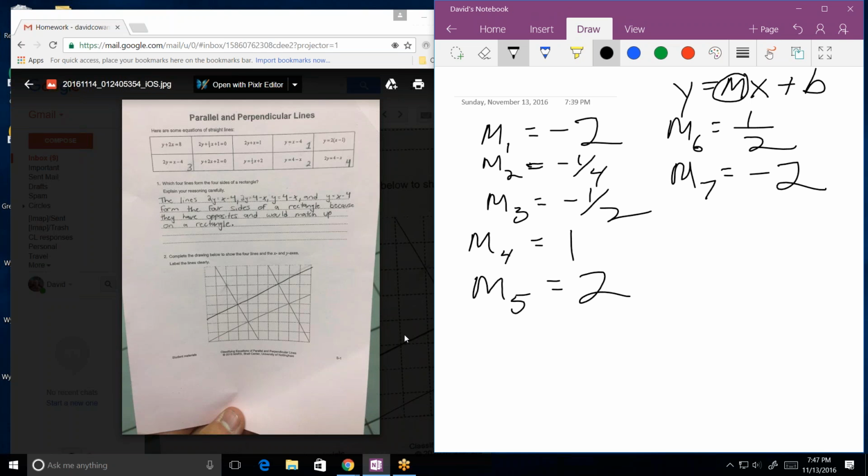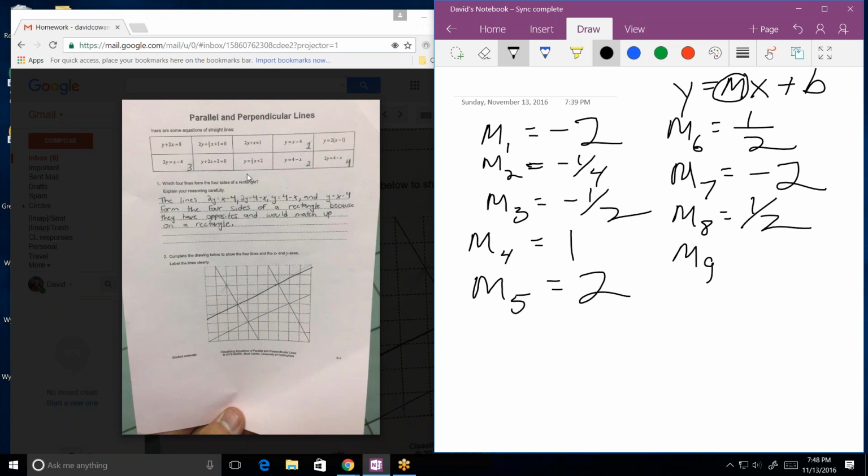Okay? What's the slope on 8? Don't have to do anything to that. It's already in y equals mx plus b format. So it's 1/2. Okay? What's the slope on 9? Negative 1. Good. And what's the slope on 10?